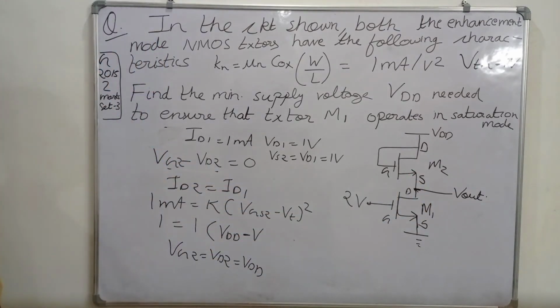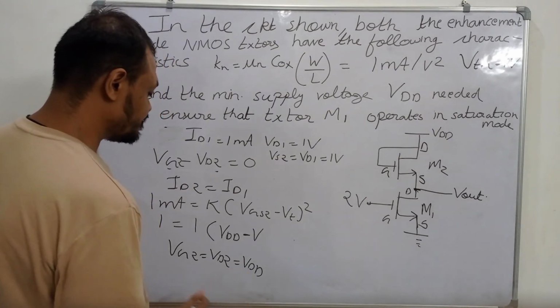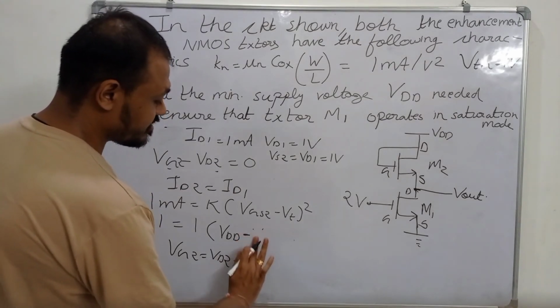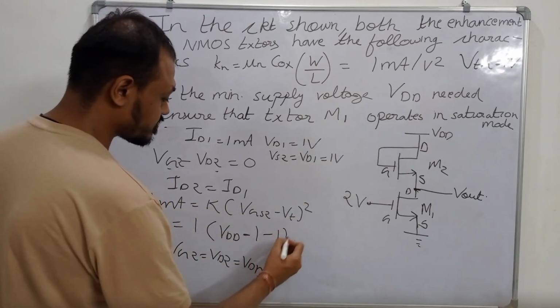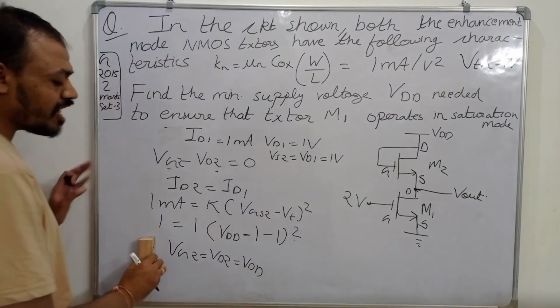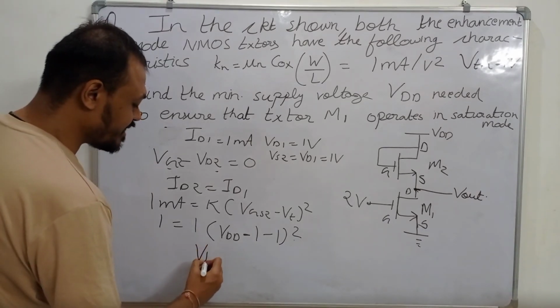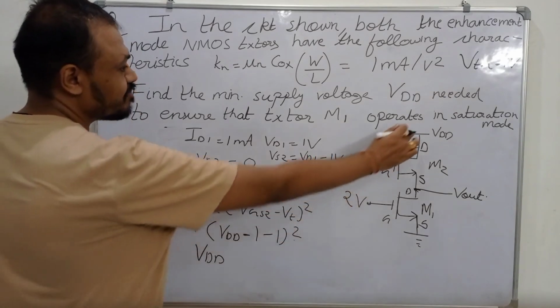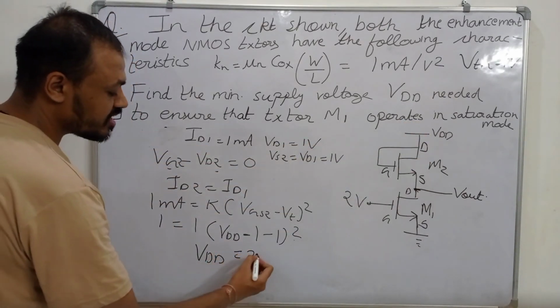So VS2 equal to VD1 equal to 1 volt. So 1 equals (VDD minus 1 minus 1) squared. If you solve it, you will get VDD equal to 3 volt, because VDD cannot be negative.